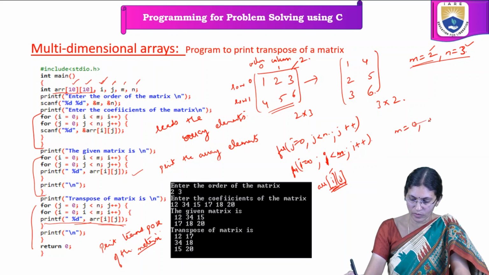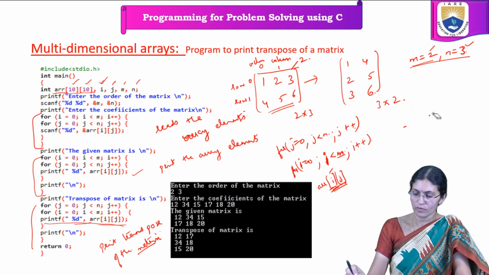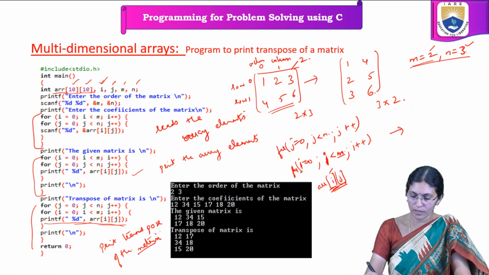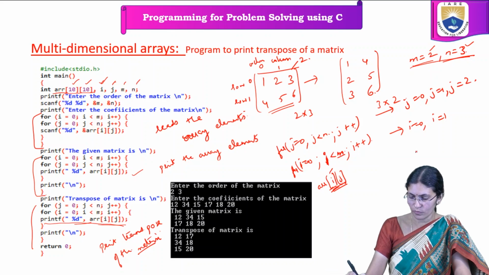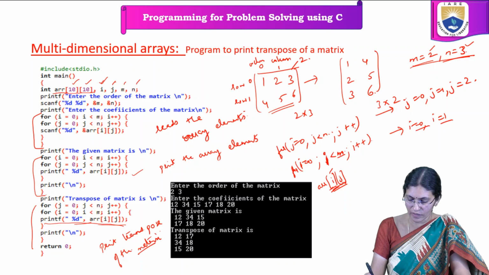So I is equal to 0. This inner loop will iterate 2 times, I is equal to 0, I is equal to 1. This outer loop will iterate 3 times because n is equal to 3. So j is equal to 0, j is equal to 1 and j is equal to 2. So for j is equal to 0, the first element printed will be 0, 0.